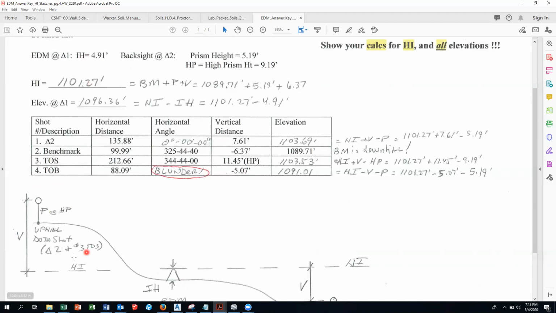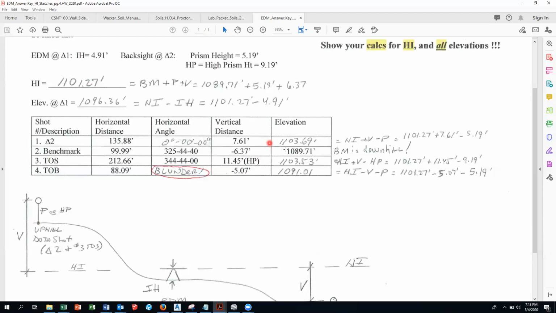Okay. So now, this is the data point that I want, say delta 2. Here's another one looking uphill, so it could be the toe of slope. The land might go like this, so this one is the HI plus V minus P, or HP if it's got HP written right next to it.